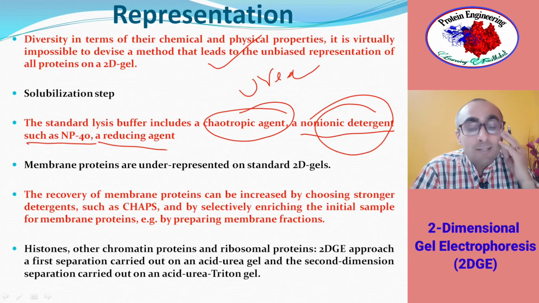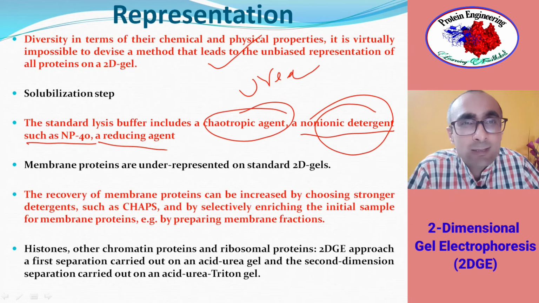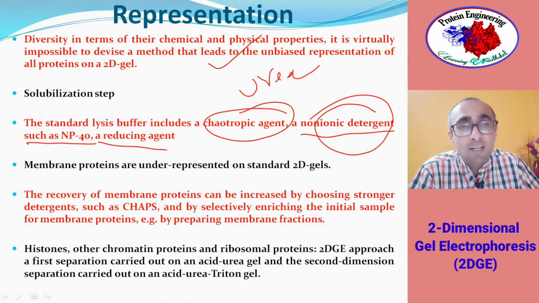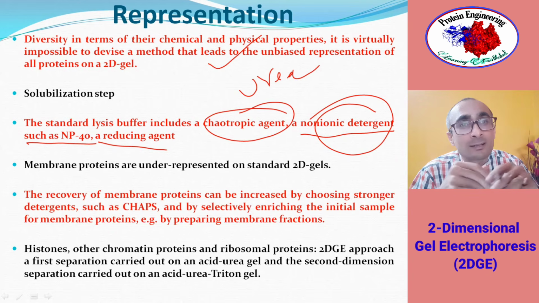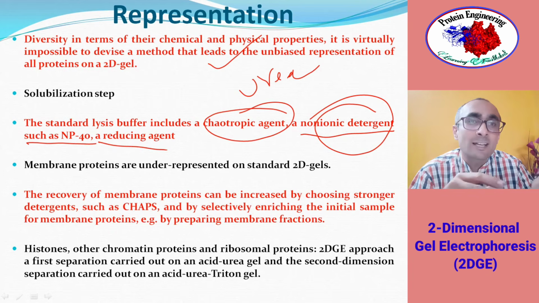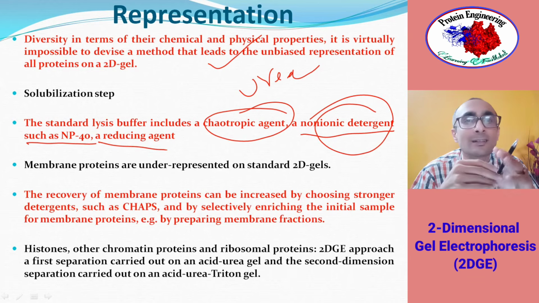In case of membrane protein, you need to use a stronger detergent like CHAPS, so it can solubilize membrane proteins. In fact, to deal with membrane protein, one can separate the entire membrane separately and extract the protein individually.